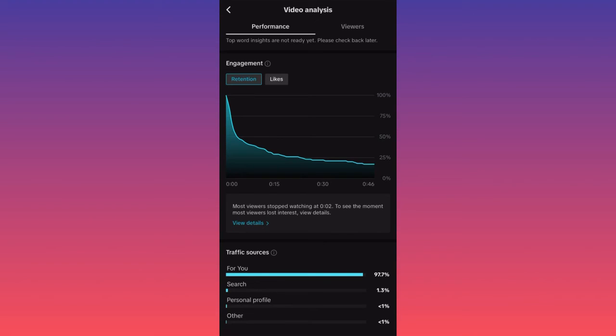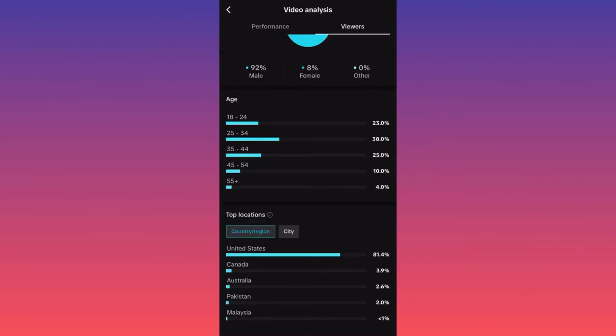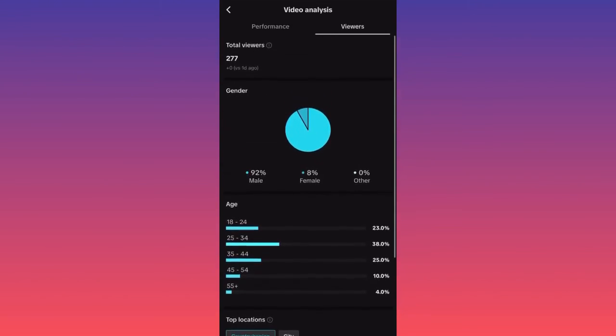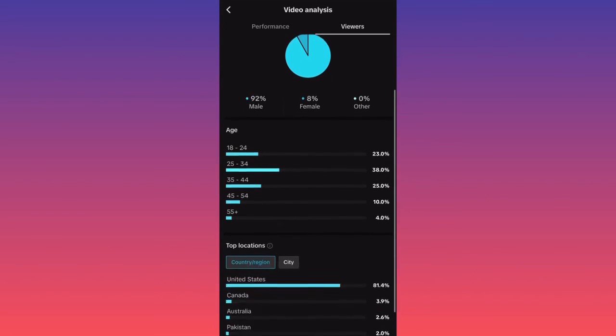As you can see, 97.7% comes from the For You page. These are the recommendations, what TikTok essentially recommends people to watch on their feed, people who are not following me. The second part over here of the analytics is actually more interesting. This is an in-depth breakdown of the followers: the gender of the followers, and the amount of followers that actually interact.